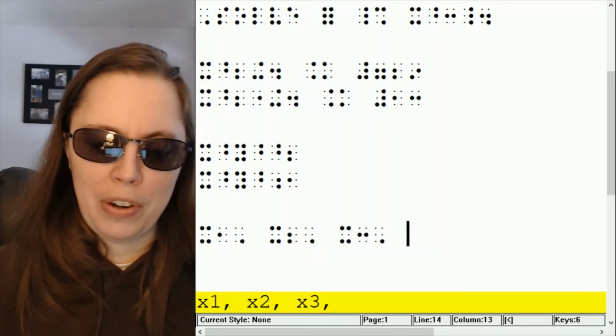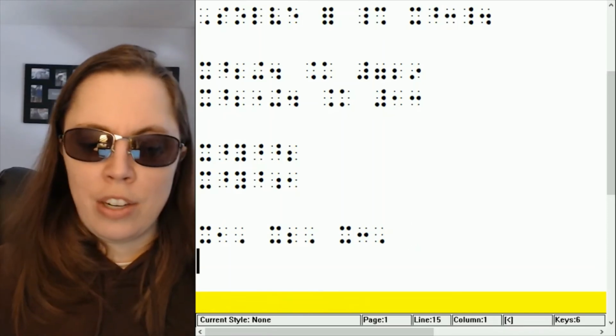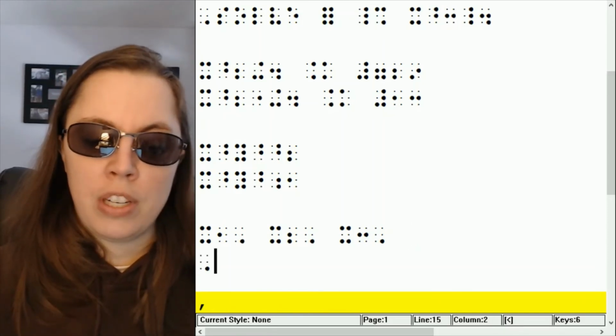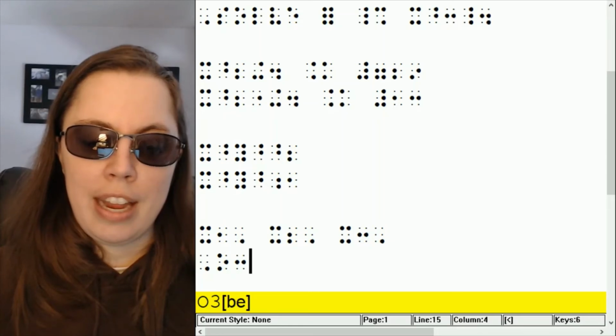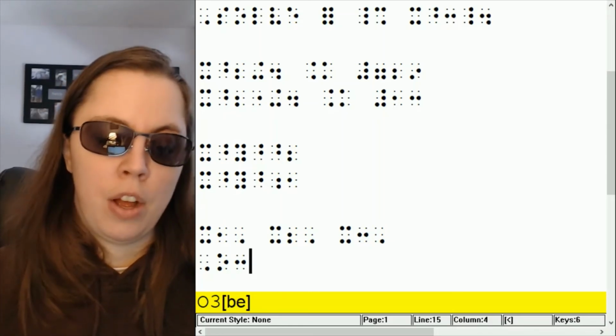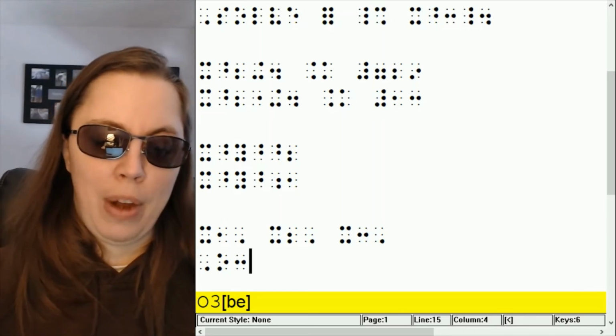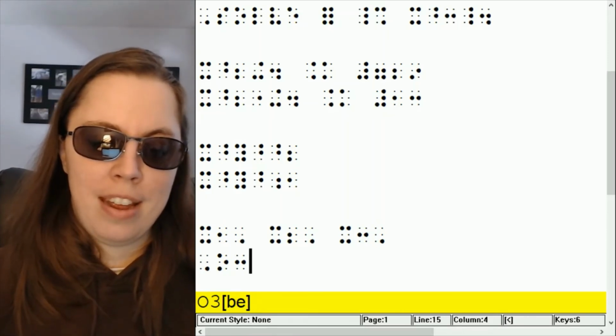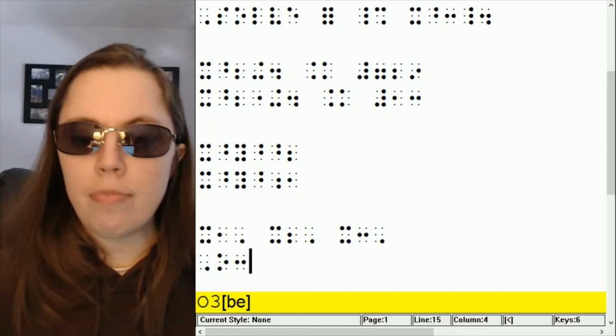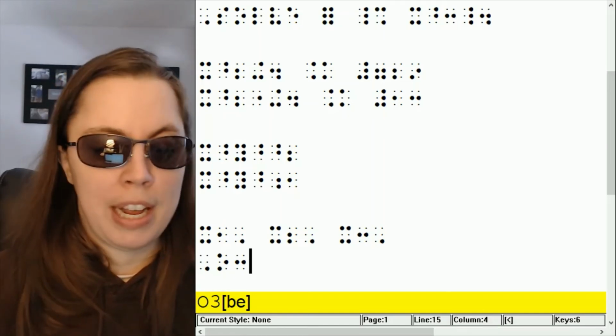This is true whether you're talking about letters like variables in math or talking about letters like a chemical in chemistry. You even can see that Duxbury right now recognizes that there's a subscript end after that 3 because it's recognizing that shorthand.